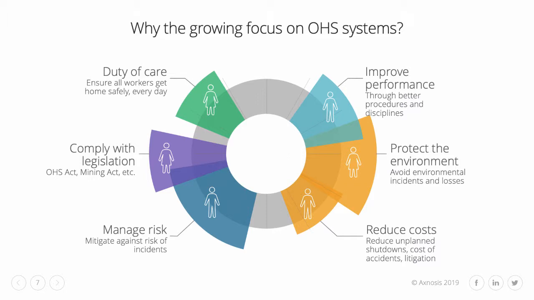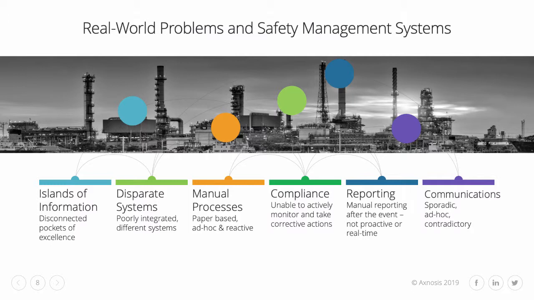Companies also have a duty of care to all their employees to make sure that the workers get home safely every day. They need to comply with legislation, and they need to mitigate against the inherent risks involved in all industrial operations. This combined requirement is actually quite complicated, and in practice there are several real-world problems around safety management systems. Often these systems are implemented in isolation from the main business system.